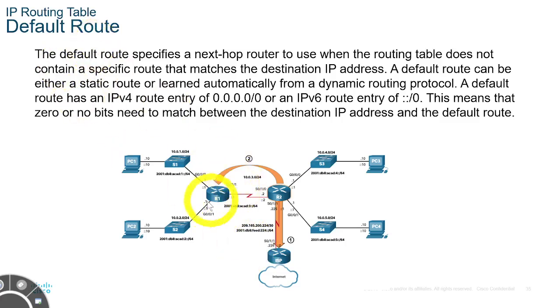Default route, what's the default route? We define the default route. The default route specifies a next hop router to use when the routing table doesn't find any match.